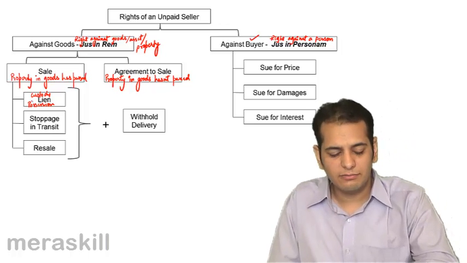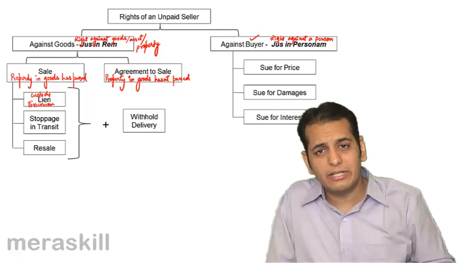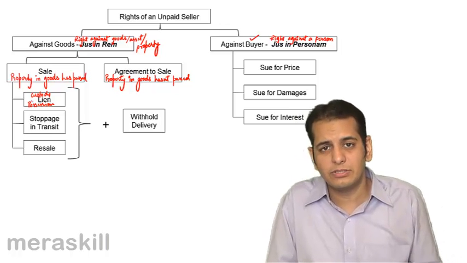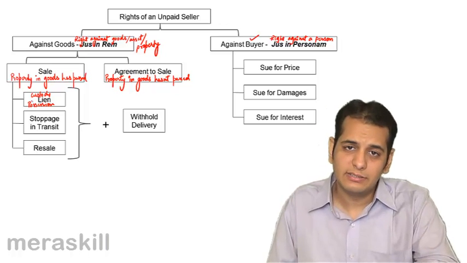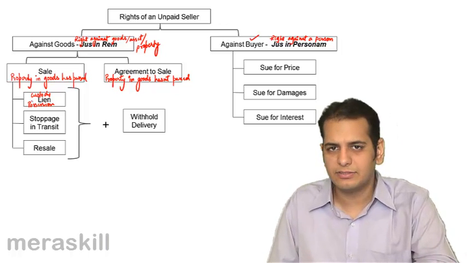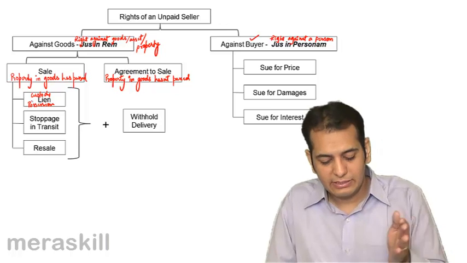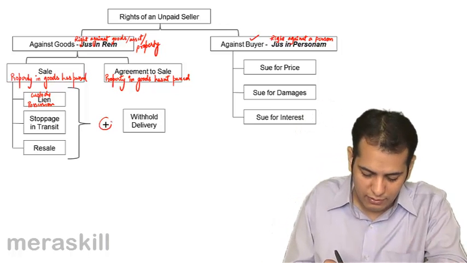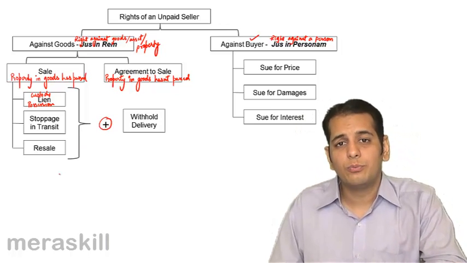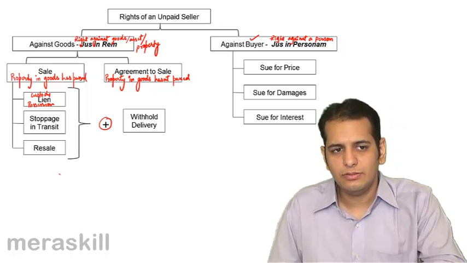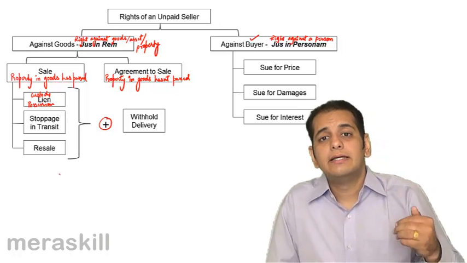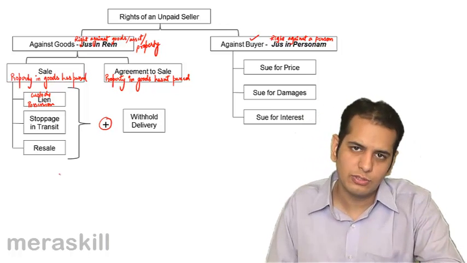The unpaid seller will have the right to lien over the goods, right to stoppage in transit of goods, and right to resell the goods. Along with these rights, he will also have the right to withhold the delivery of goods. Right to withhold the delivery means he may refuse to deliver the goods to the buyer.